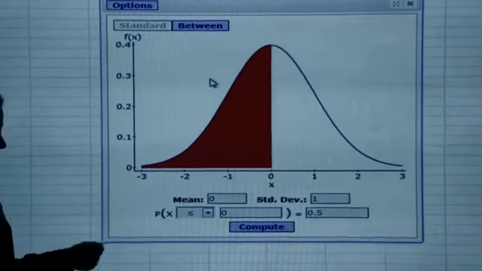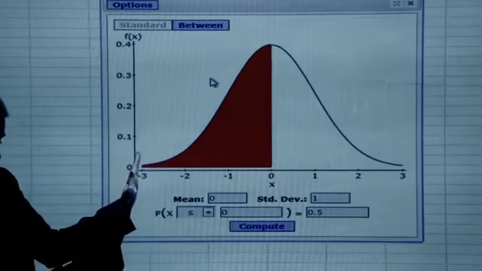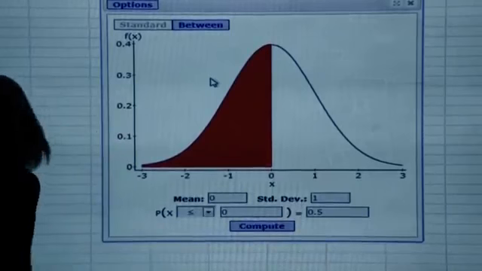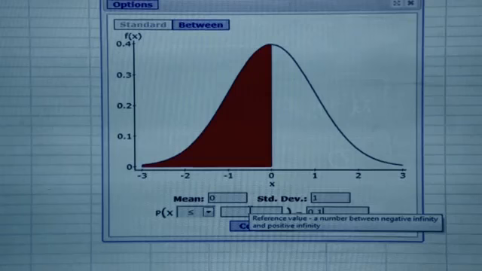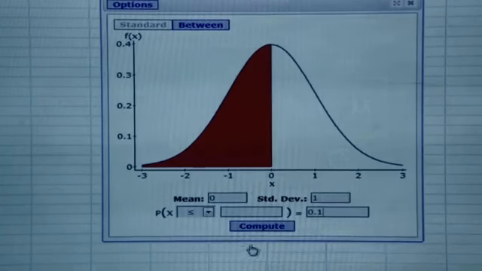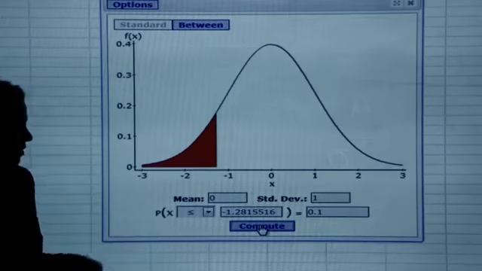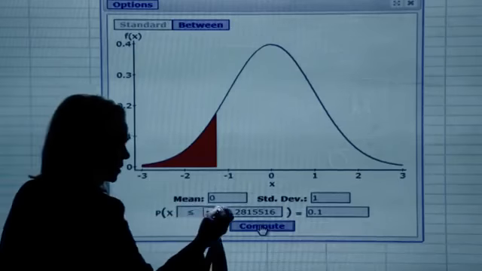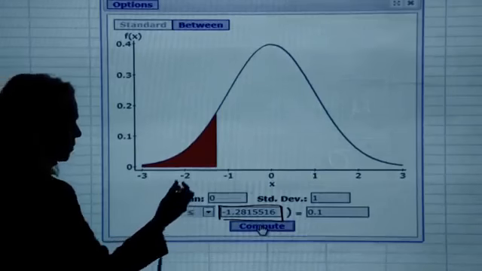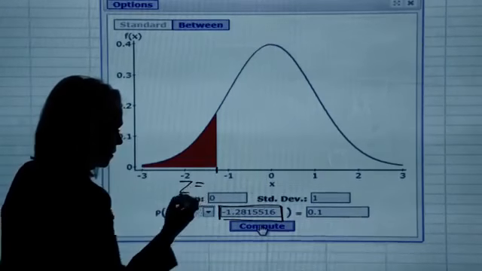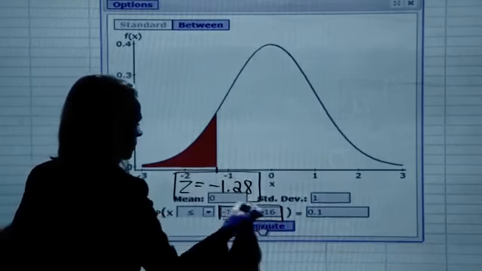I don't know the Z-score, but I know that the area in that bottom tail was 10%. So I'm going to change the area there to be 0.1, and hit compute. This should look similar to the picture we just had on the board. I can see that when the area in the bottom tail is 10%, that corresponds to a Z-score of roughly negative 1.28.